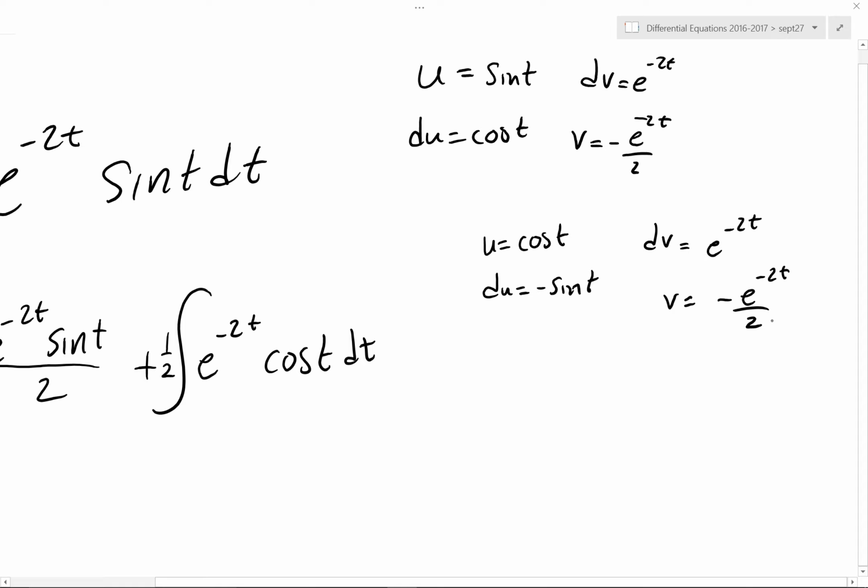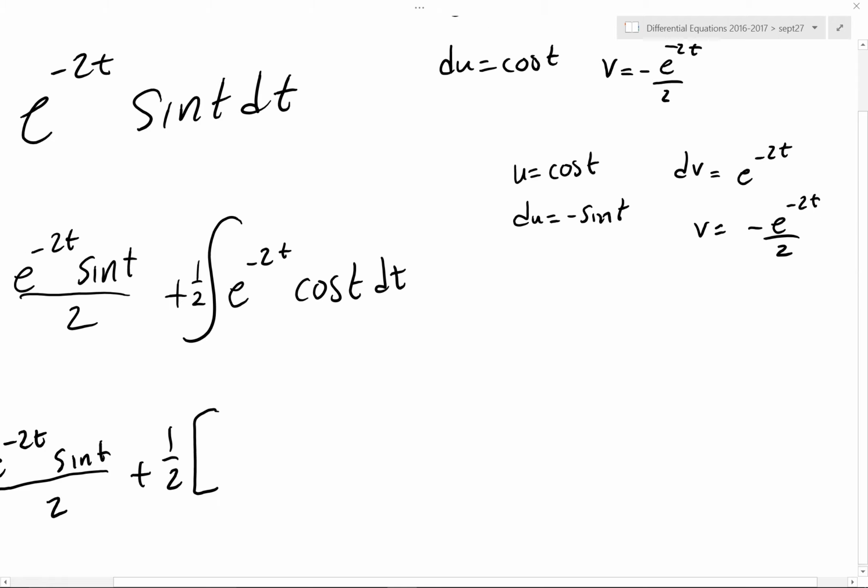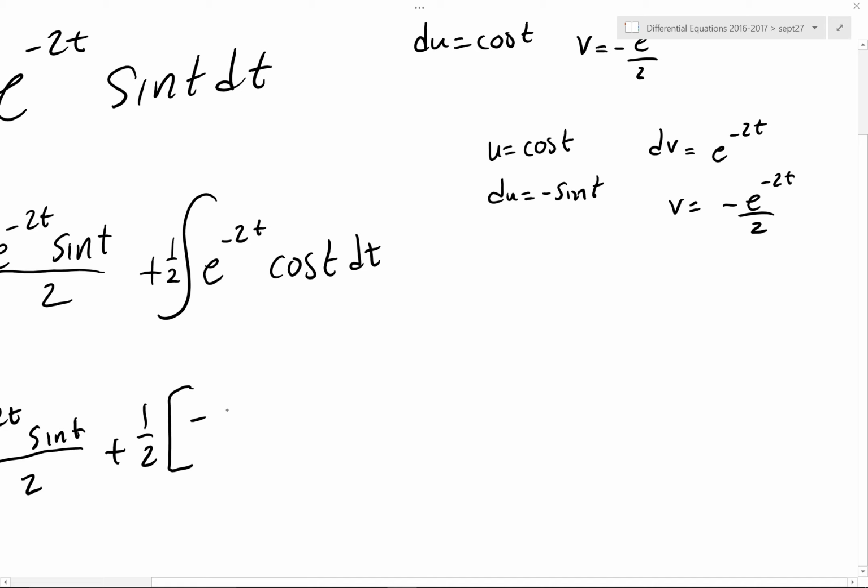Yeah, indeed. So, you end up with, you still got this mess over here from before. uv minus the integral of v du.